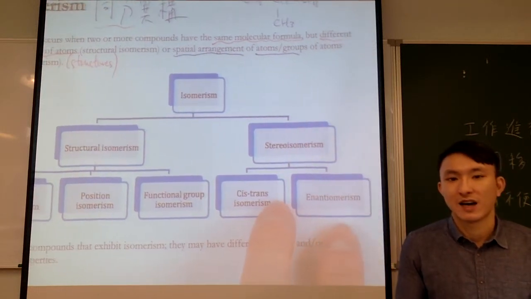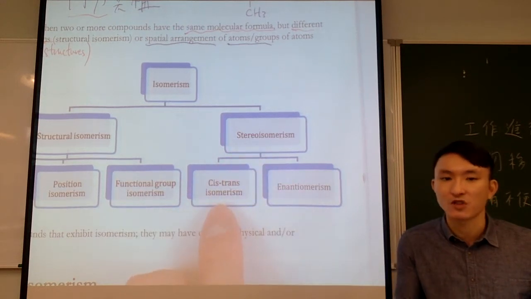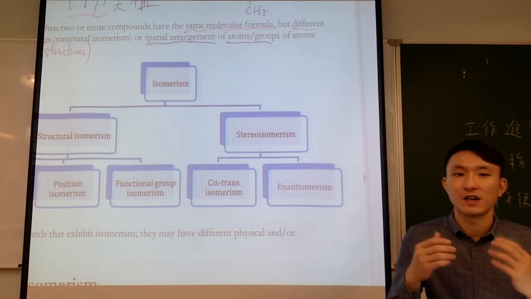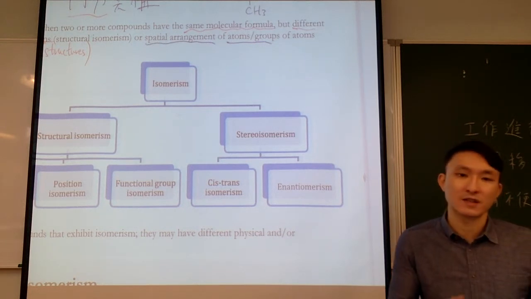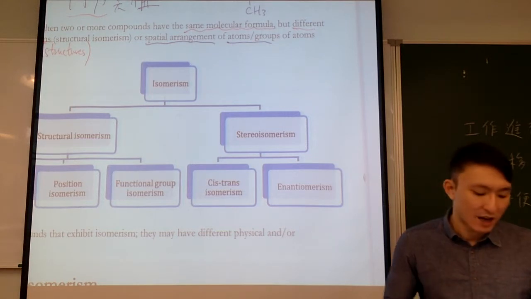Now, today we will focus on stereoisomerism, and last time we also discussed cis-trans isomerism, where we have a double bond or even a small ring, a cyclic compound with a small ring.